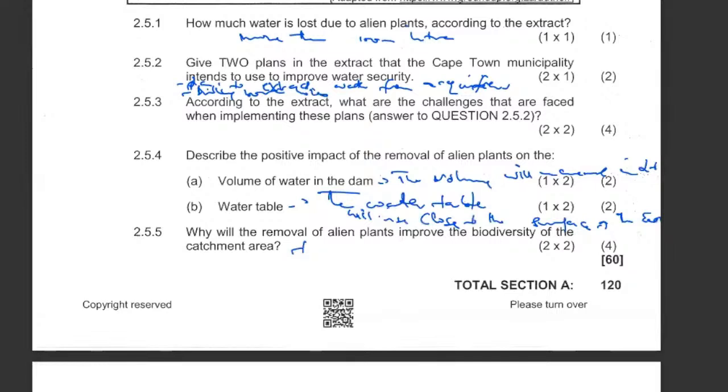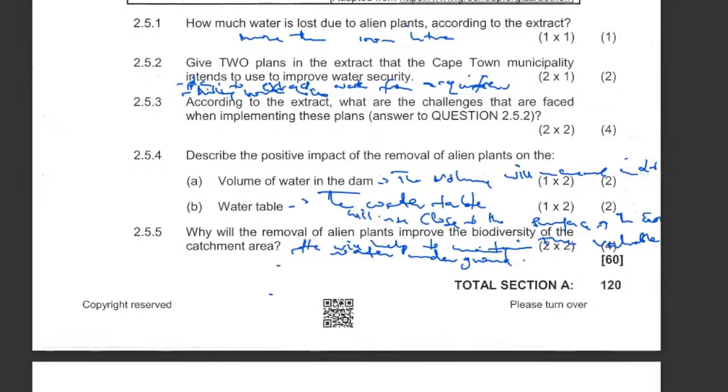Because it will help to maintain the valuable water underground, which is now being used by the alien plants, or the biodiversity.